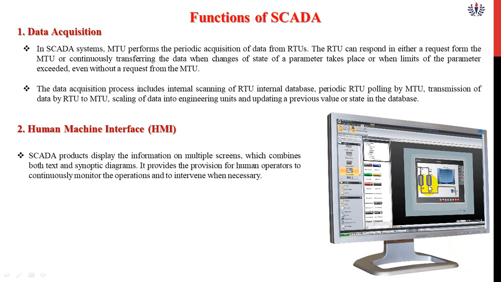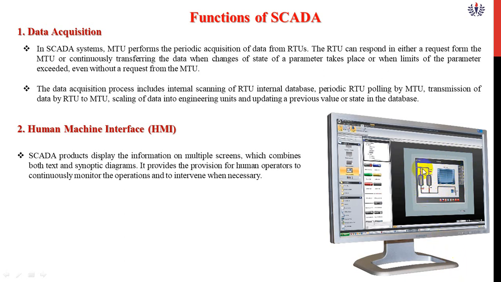A synoptic diagram provides a provision for human operators to continuously monitor the operation whenever required. For example, here you see air turbines, and there are 2 cylinders. In the graphical programming language, a human sitting behind the screen is monitoring it.